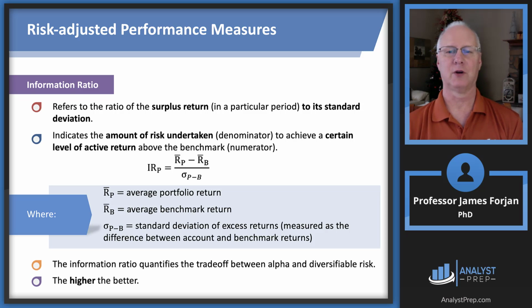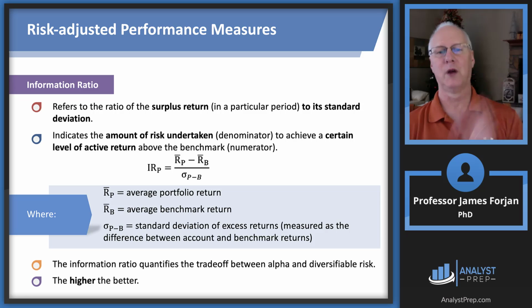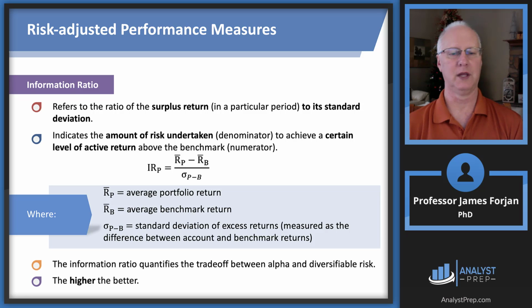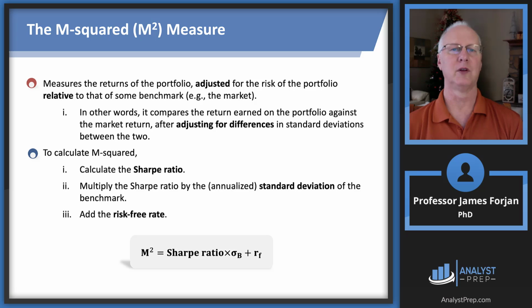And so there are lots of shortcuts to determine that benchmark. Nevertheless, this information ratio depends on that benchmark selection. And so once again, what we're trying to do is look at the trade-off between the alpha and the diversifiable risk. And of course, we want lots of numerator and a little bit of denominator. So the higher, the better is the performance measure.